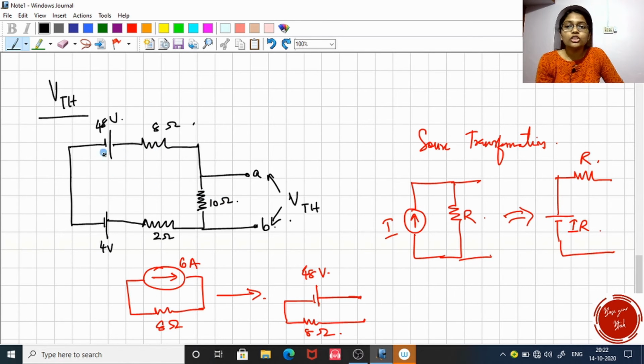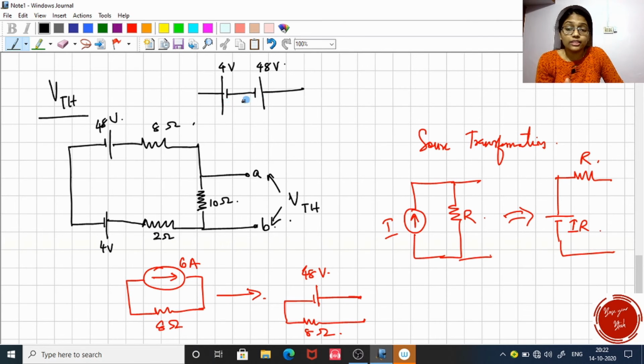Now you can see two batteries coming together, and by cell combination rules you can reduce them. The negative terminal of the 4 volt battery is connected to the negative terminal of the 48 volt battery.